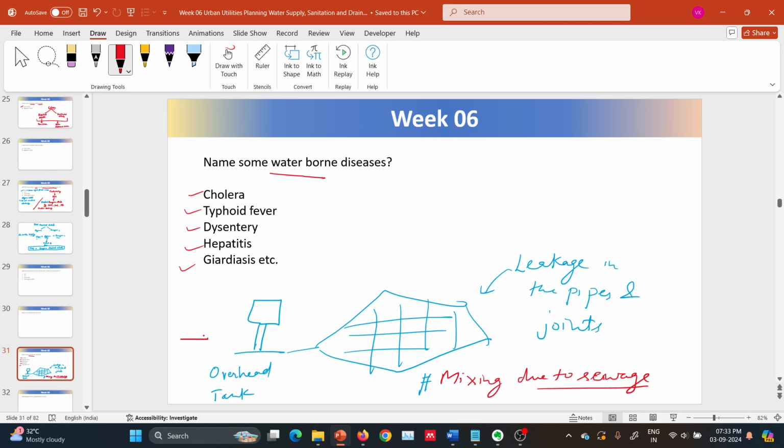Let's take an example. So after disinfection, the water is supplied to the overhead tank, and after the overhead tank, it is sent for the distribution.